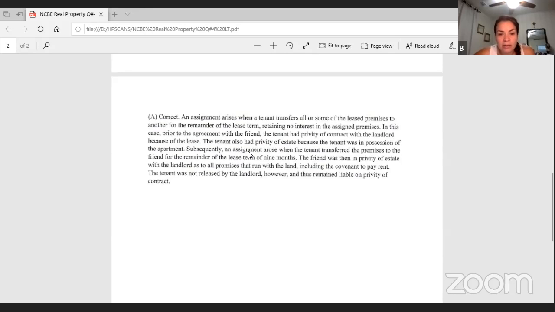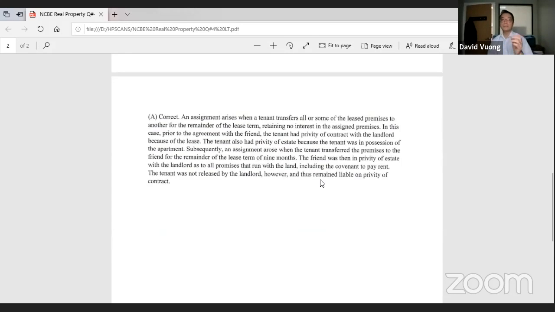Subsequently, an assignment arose when the tenant transferred the premises to the friend for the remainder of the lease term of 9 months. The friend was then in privity of estate with the landlord as to all promises that run with the land, including the covenant to pay rent. The tenant was not released by the landlord, however, and thus remained liable on privity of contract.